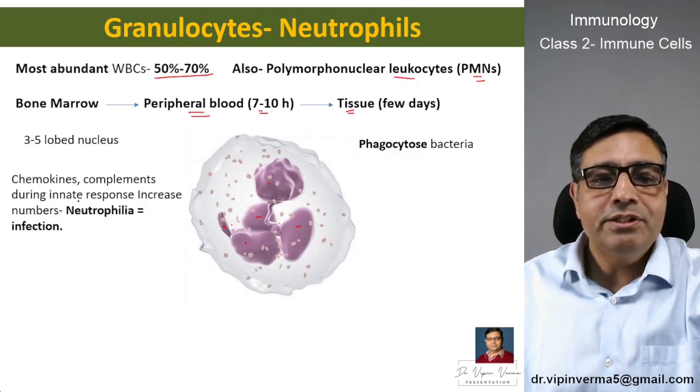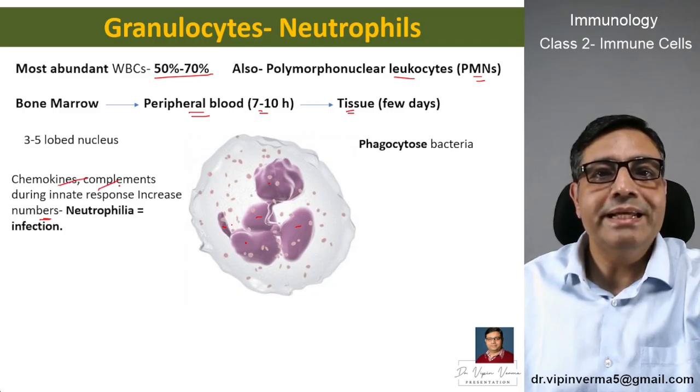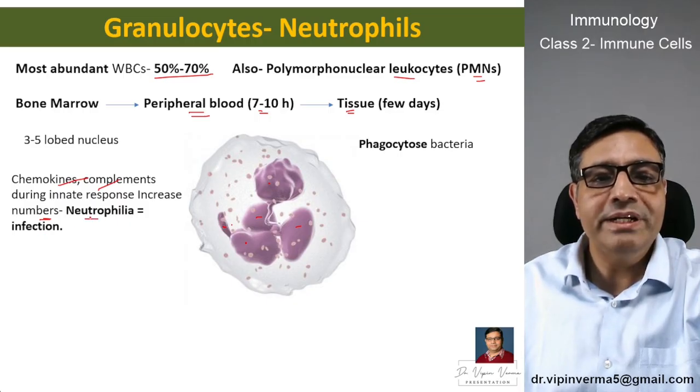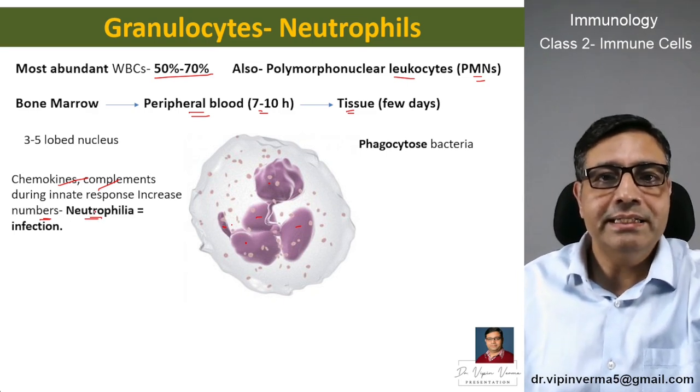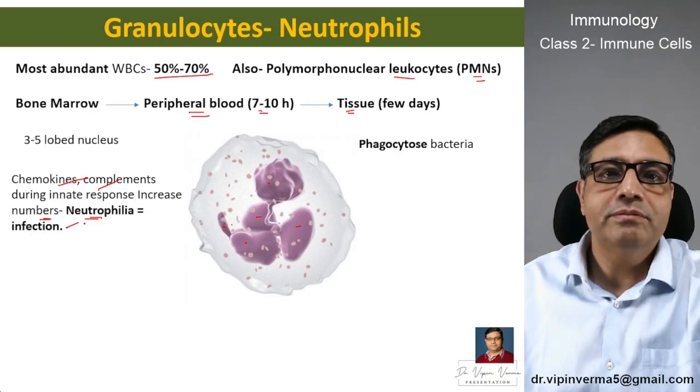Chemokines and complement during the innate response increase numbers, because when there is an infection, a number of cytokines and complements, which are part of the innate immunity, increase the number, and this is known as neutrophilia. When the neutrophil numbers are increased in the blood, the situation is called neutrophilia, and that indicates infection.